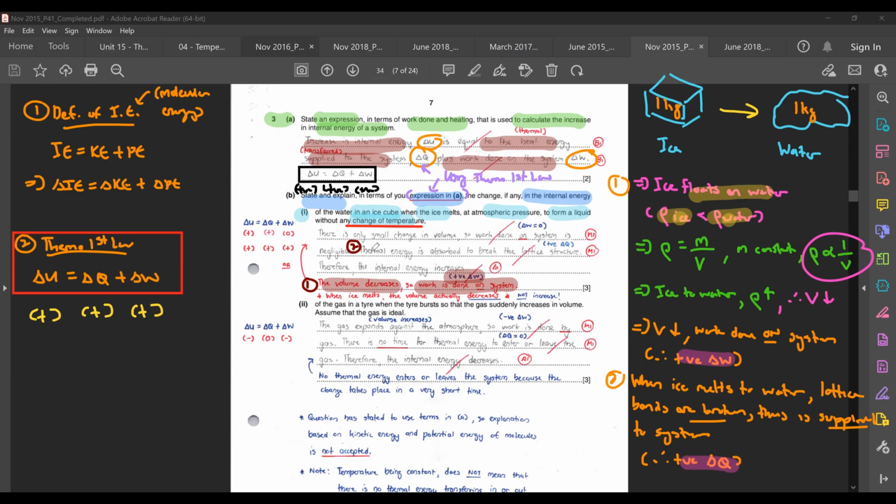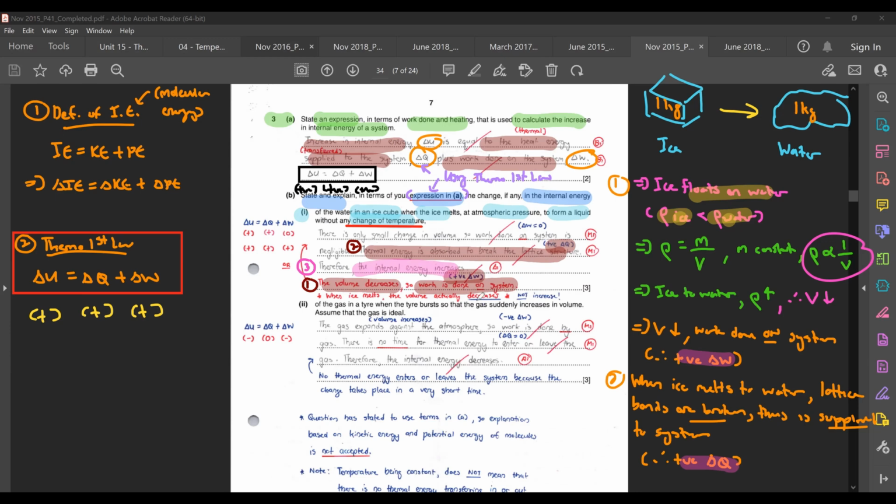Thermal energy is absorbed or supplied to system to break the lattice structure when ice melts to water. So this is positive delta Q. Then the third thing that you could say is this: therefore, internal energy increases because both are positive in the first place.